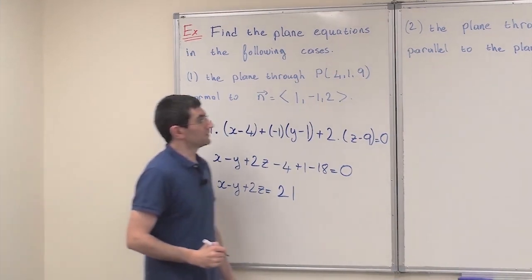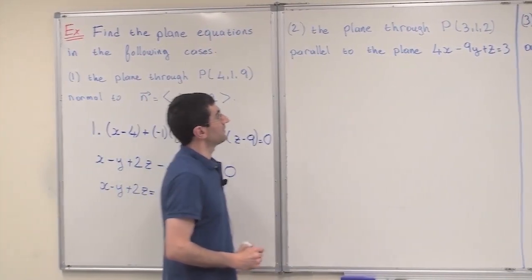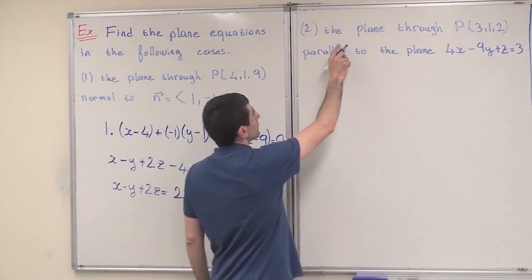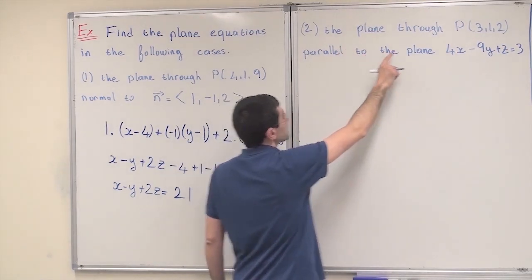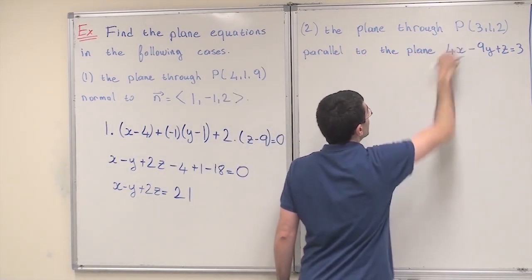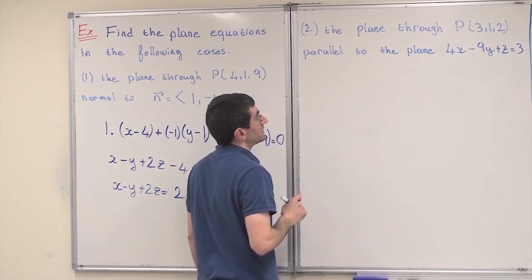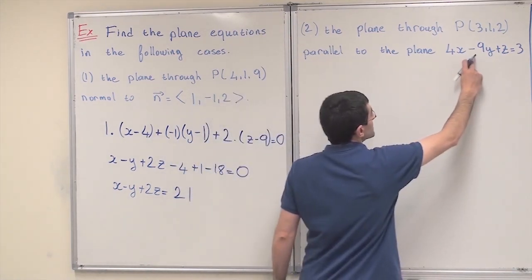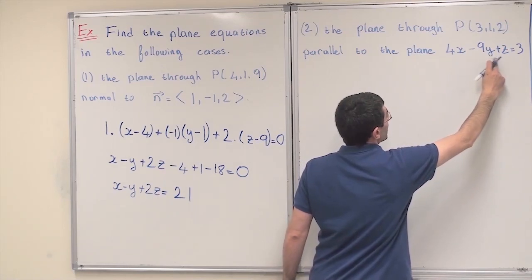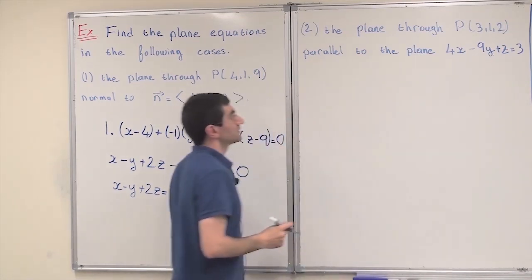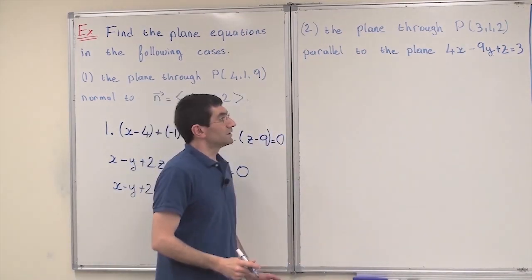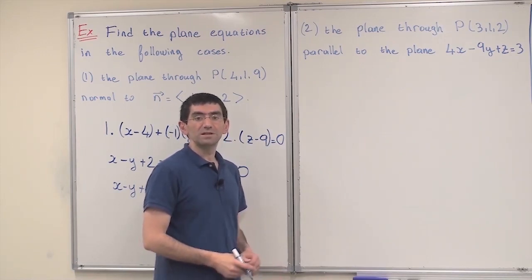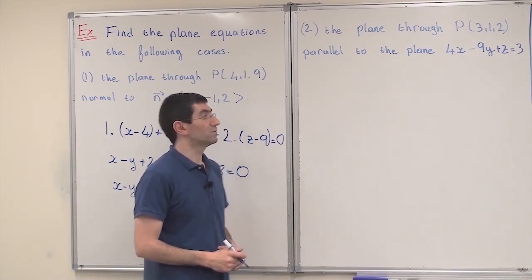Okay, now let's move to the next exercise. Again, we want to find the plane equation, this time through the point (3, 1, 2), and which is parallel to the plane 4x minus 9y plus z equals 3. So this time we are not given directly all the information we need.